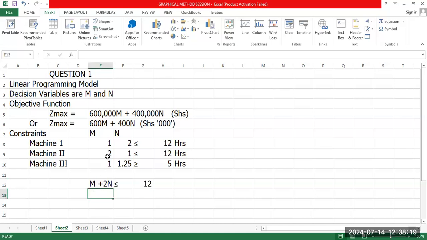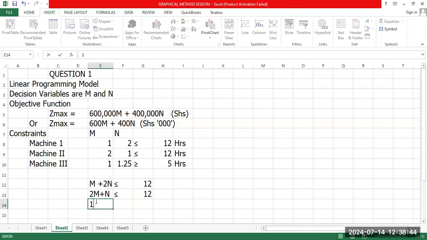Then inequality number 2: 2 times m, which is 2m. Then we add 1 times n, you get n. And this should be less or equal to 12.